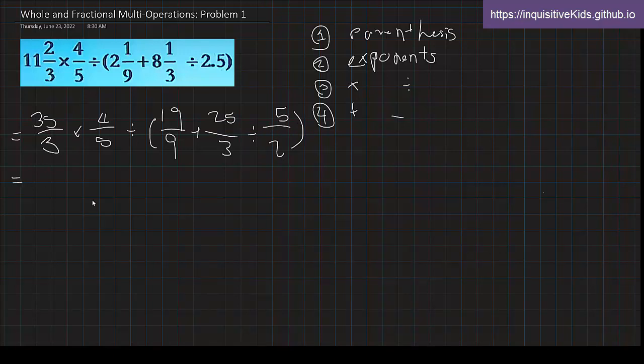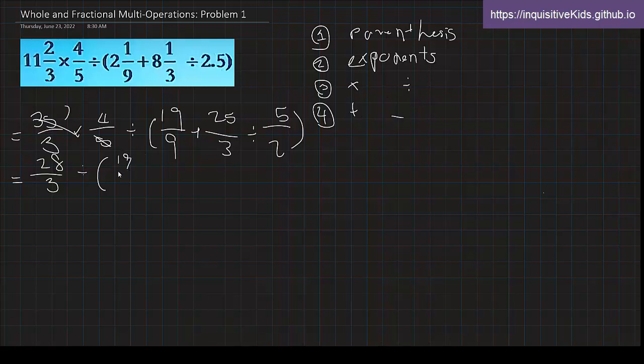Okay, so let's start with the outside part right here. 35 and 5, we can cancel those out. This becomes 7, and we get 28/3. Now we're not going to do this division yet because remember we have to do parentheses before division. In here we have addition and division. Some people might go ahead and just do 19/9 plus 25/3, but that's not the case because we need to do division before addition.